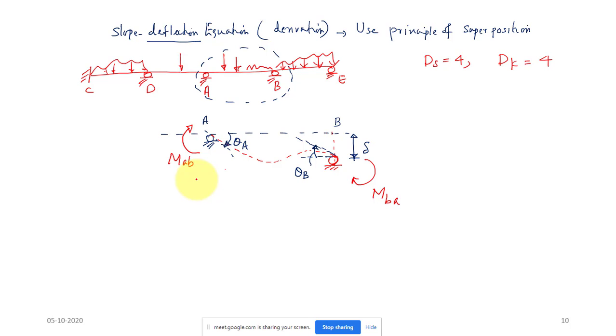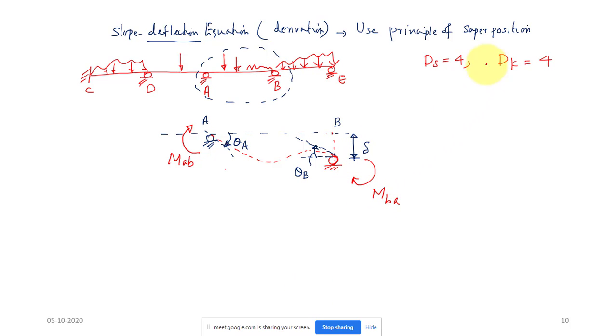That is why I have considered all the possible degrees of freedom for this span AB. This point can rotate theta A, this point can also rotate theta B, and at this point I have considered only the deflection or settlement, because here the support is moving downward, so we have to call it a settlement.